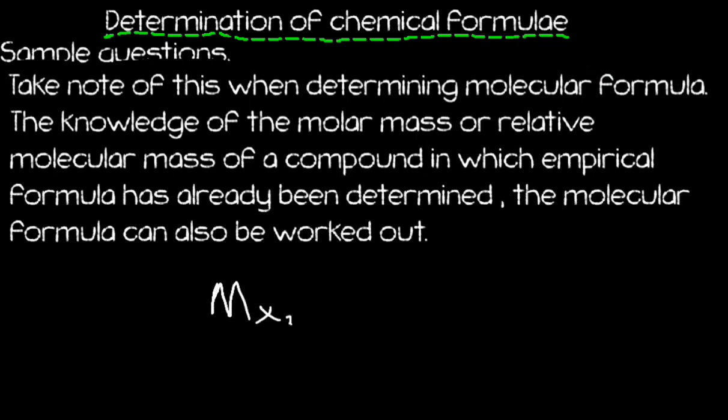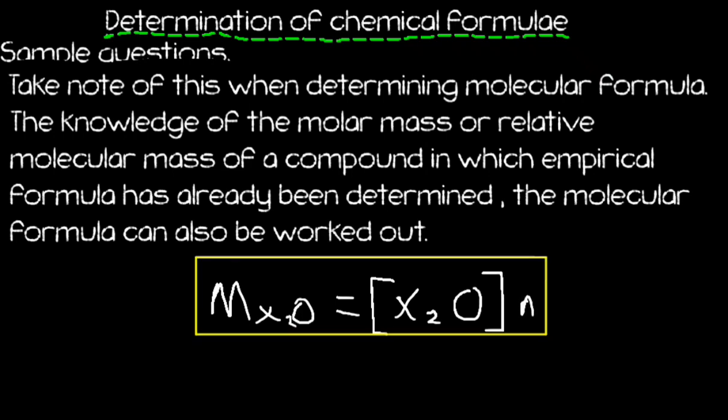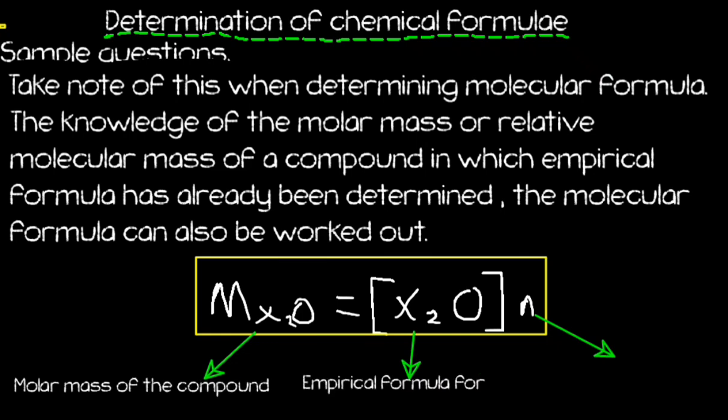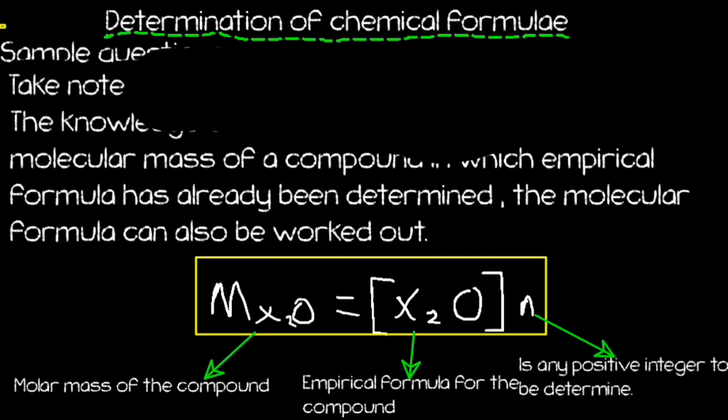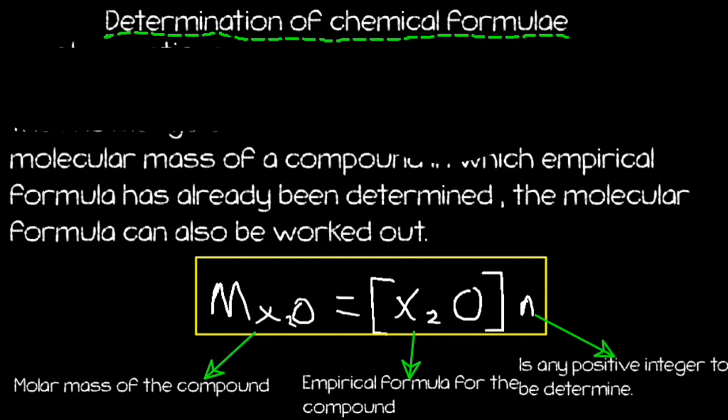So use this formula: the molar mass of the compound is equal to the empirical formula in the bracket times n, the integer that you multiply through by. Here M is the molar mass of the compound, the one in the bracket is the empirical formula of the compound, and n is any positive integer to be determined when you calculate.